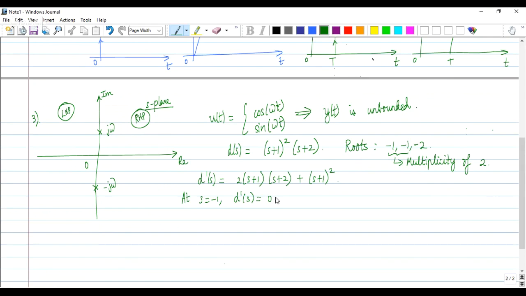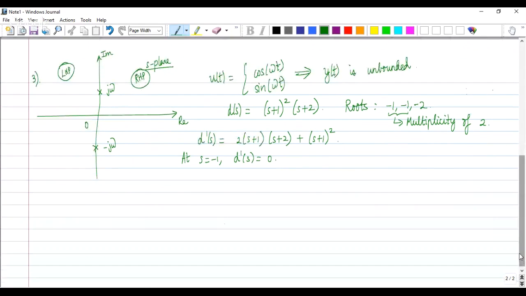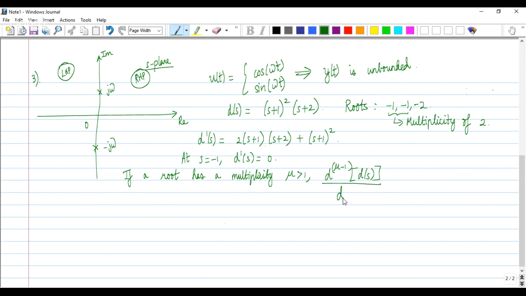In general, if a root has a multiplicity mu greater than 1, then the mu minus 1th derivative of that polynomial d of s with respect to s will be equal to 0.